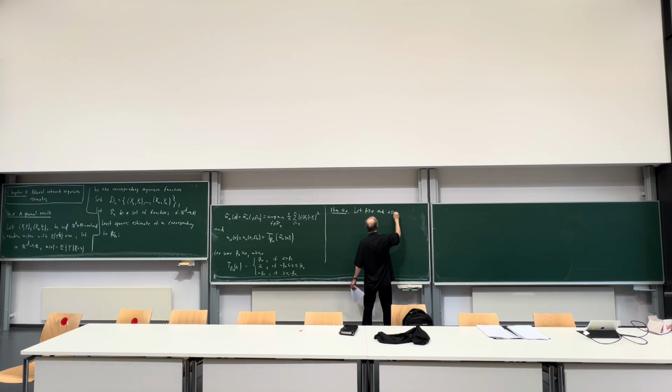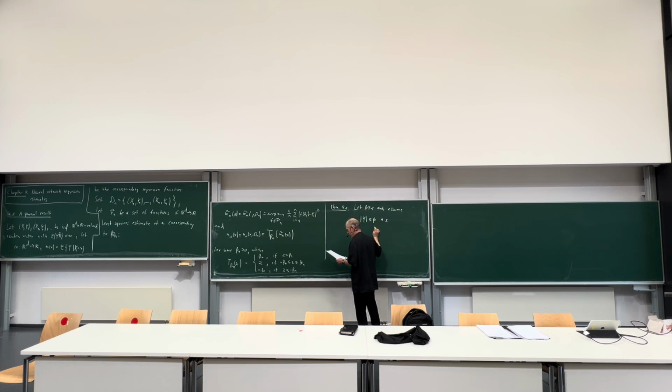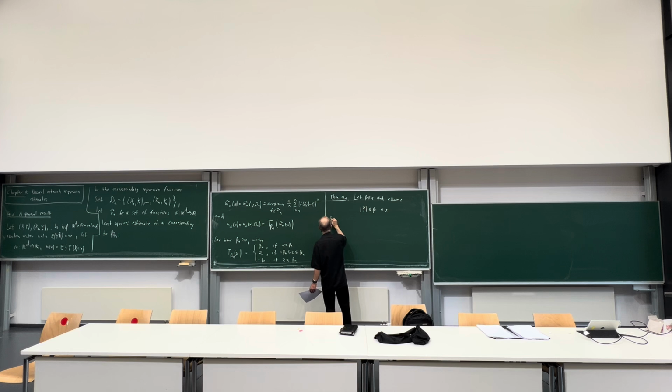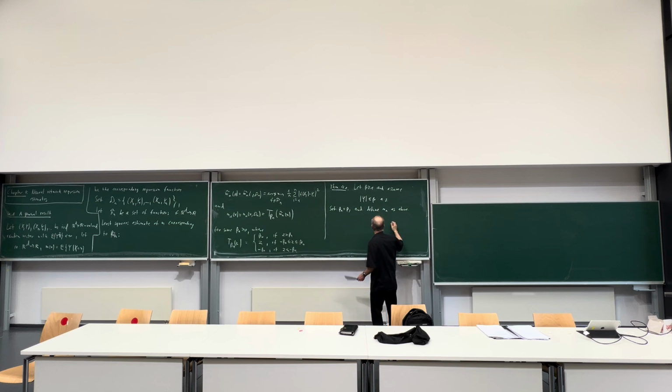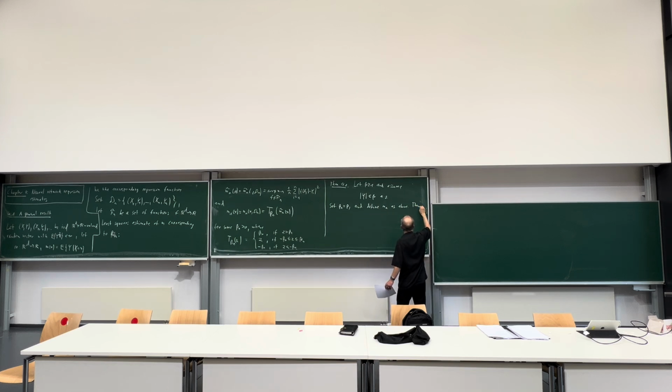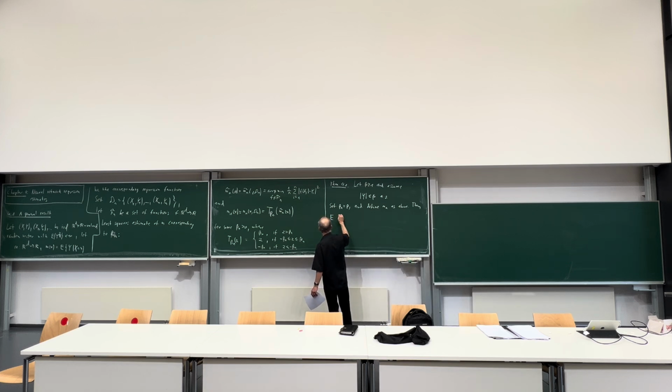And assume the absolute value of Y is less or equal beta almost surely. I set beta_n equal to beta and define m_n as above.